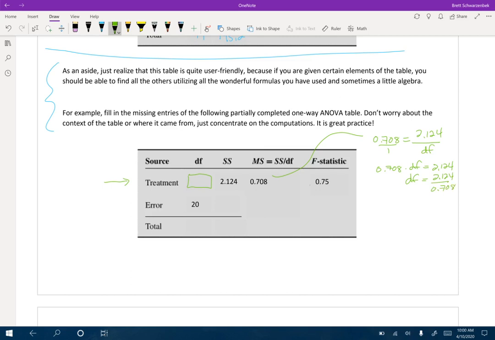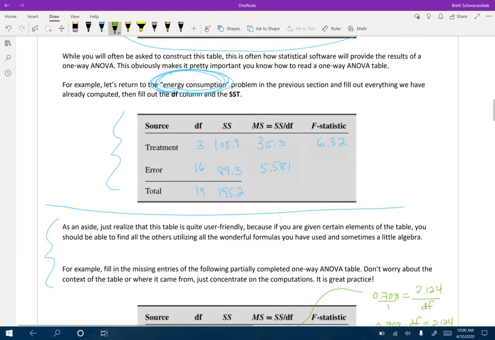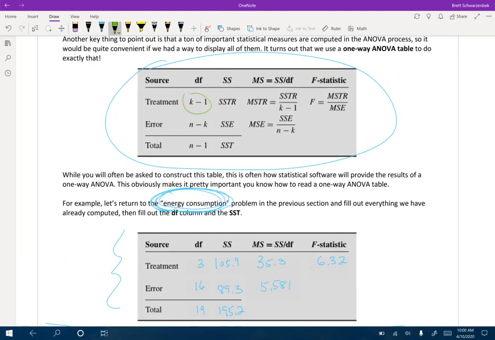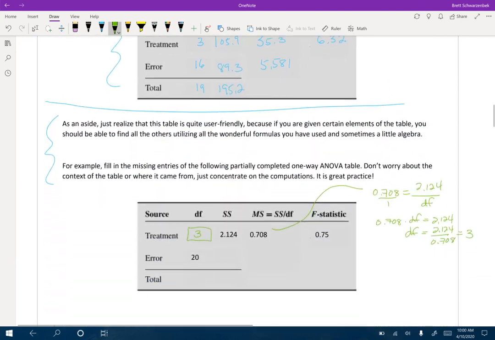Believe it or not, that's actually equal to a perfect 3, which means the degrees of freedom for our treatment is actually 3. Now just note, that is the equivalent to k minus 1. We abbreviated df to make life a little bit easier, but that is your k minus 1 value.